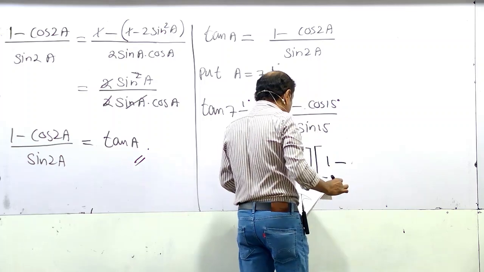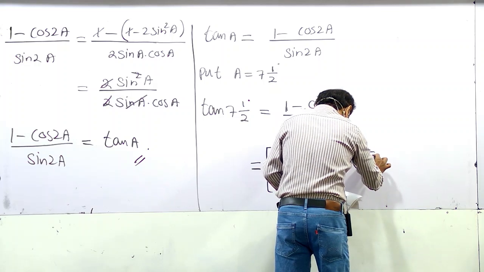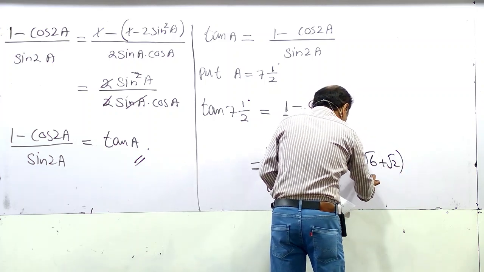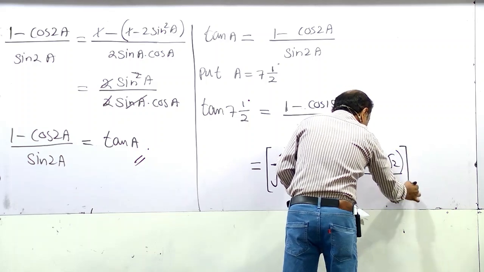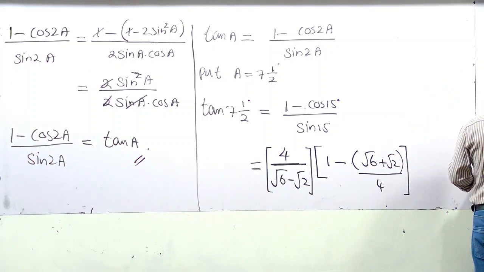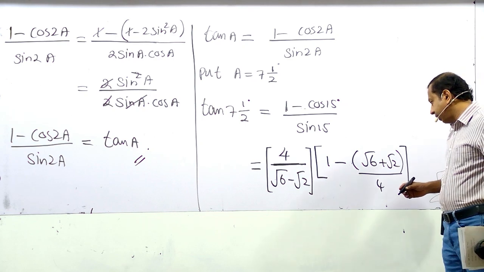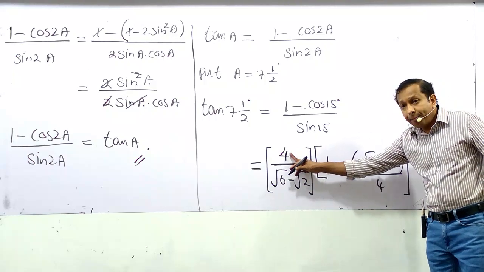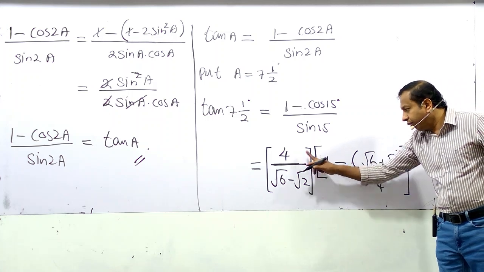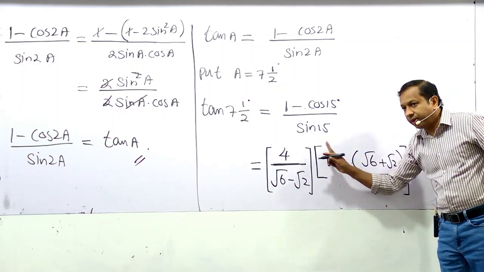1 minus cos 15. Cos 15, put a bracket, (root 6 plus root 2) divided by 4. Now we can do simplification like this. People, by this 4, we multiply this term and this term. Then this 1 will be 4. Once you multiply this and this, the denominator 4 will cancel with this multiplier 4.